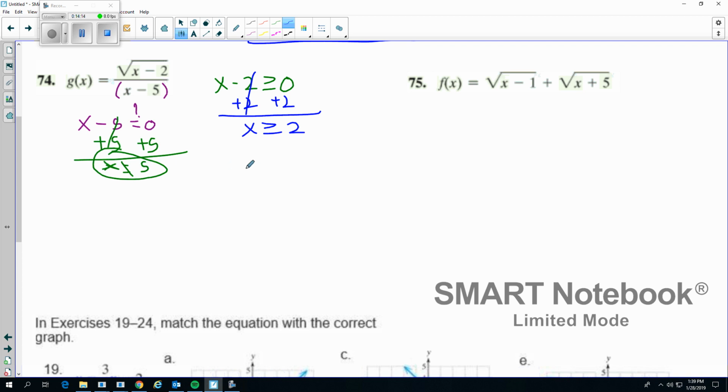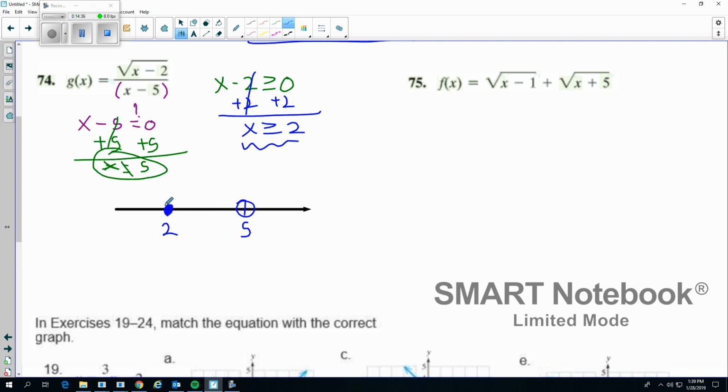Sometimes to illustrate this, making a number line can be helpful. So if we look at this on the number line, here's where 2 is, here's where 5 is. We know 5 can't be included, but this is saying everything greater than or equal to 2.